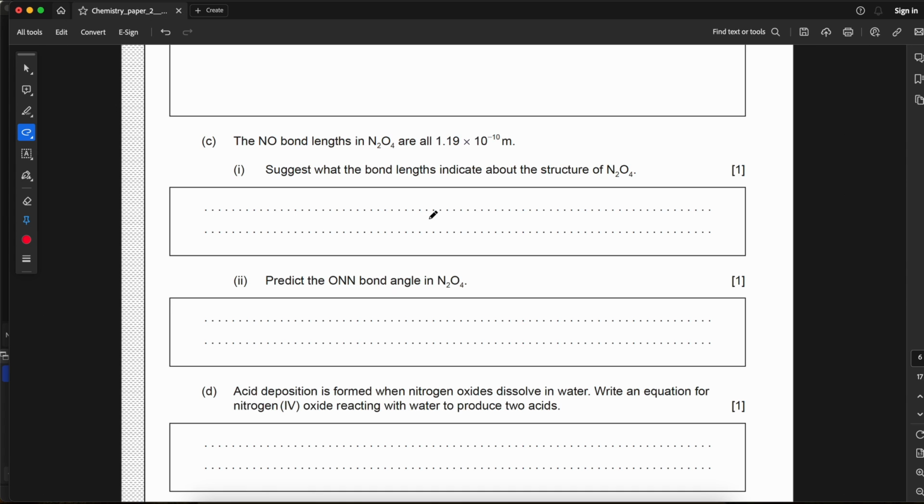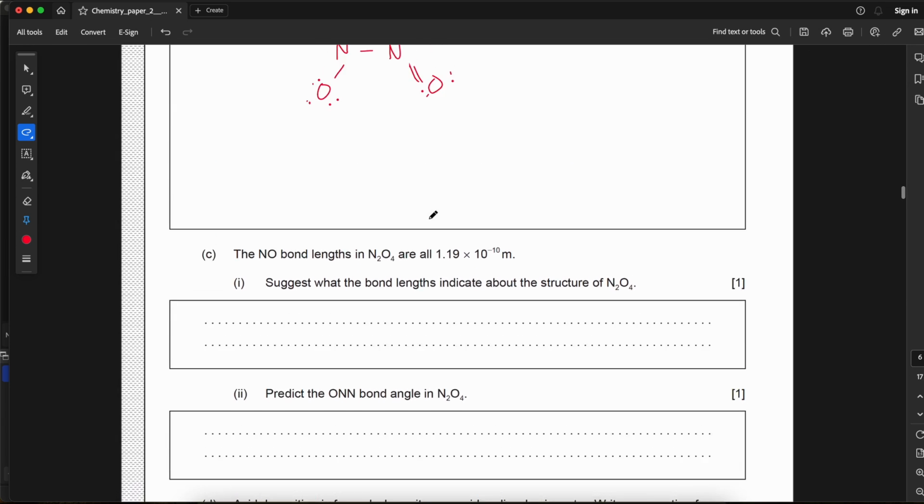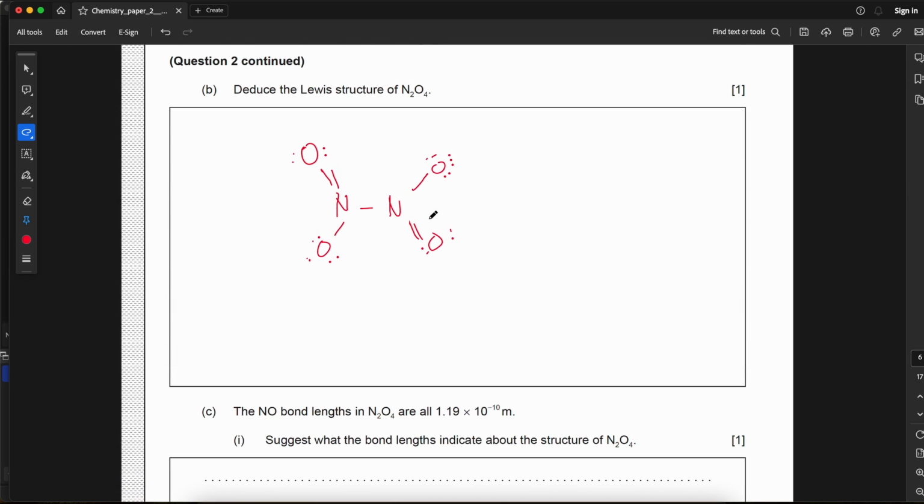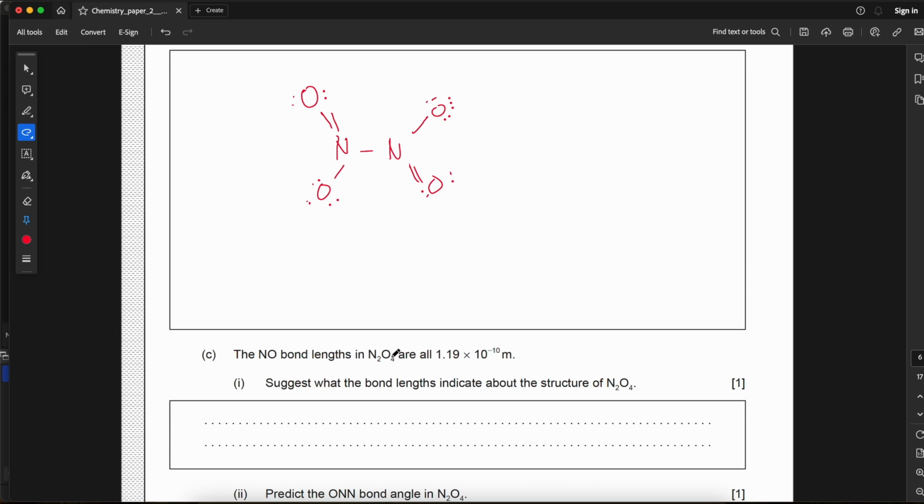What do the bond lengths indicate about the structure of N2O4? As you can see, it presents a double bond and a single bond, which means it has a resonance structure, which often involves delocalized electrons. This implies that the bonding between nitrogen and oxygen atoms is equivalent throughout the molecule. So that's why they are all equal here, because it has a resonance structure.